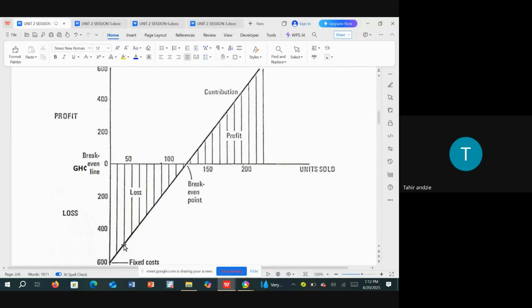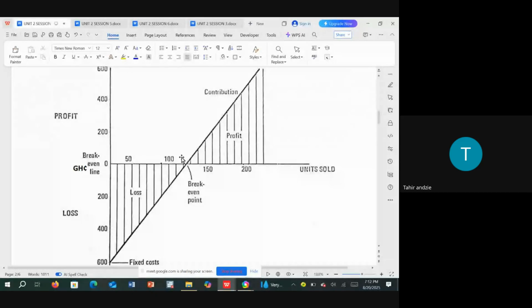This is the contribution, and this is the fixed cost line. Have you seen the fixed cost? The fixed cost is here. So as you produce, the fixed cost is down here because at output 0, the total fixed cost is the loss.